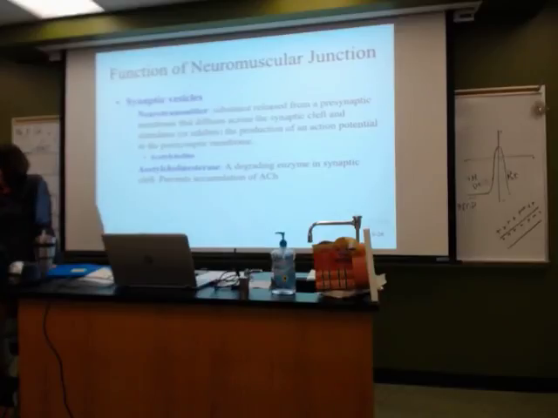Now, let me think about this for a second. At this area of the neuromuscular junction, where the acetylcholine is going to be released, do we need acetylcholine to stay in that cleft?